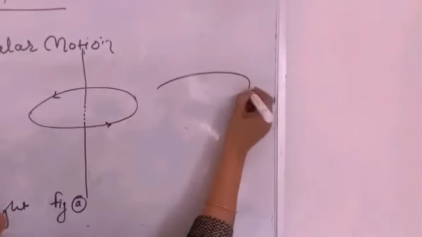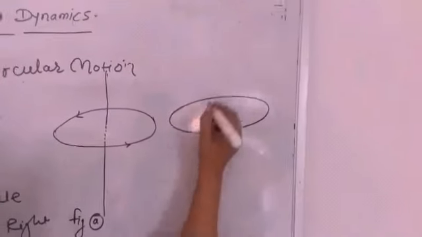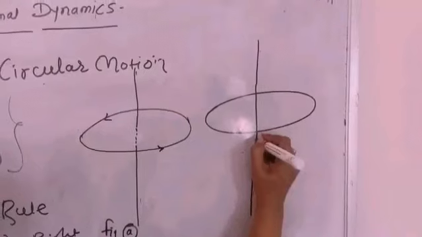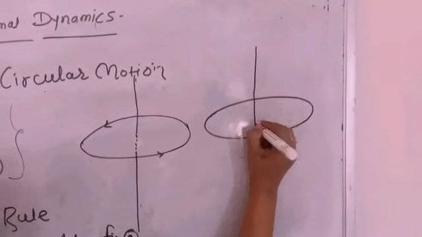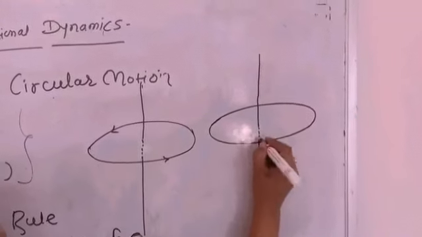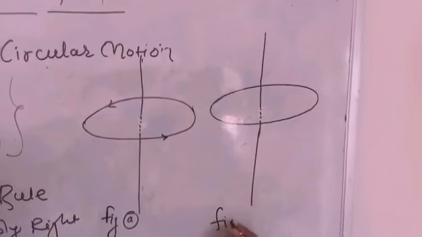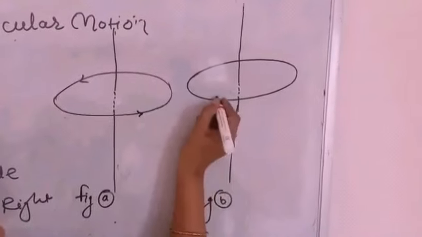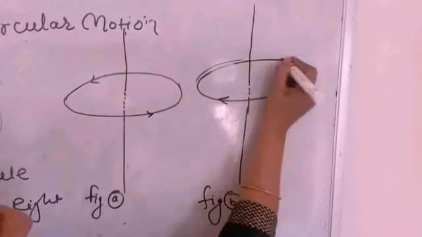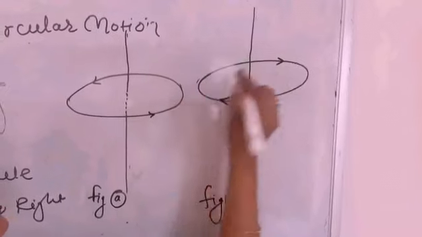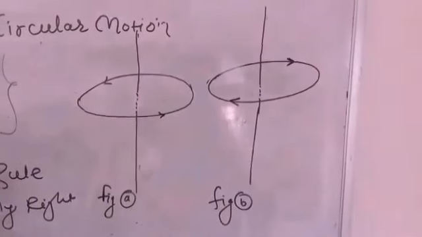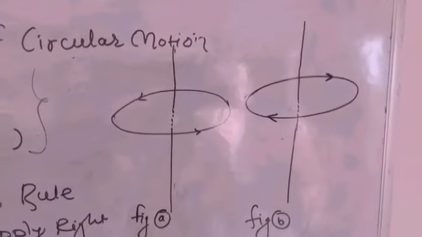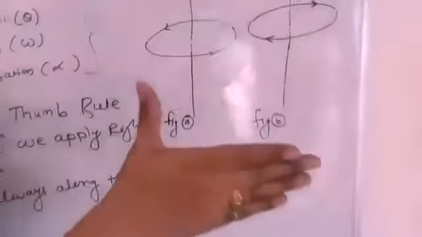Now we will draw the figure B. This is figure B. In figure B, the particle moves in clockwise sense. Now, how we apply the right hand thumb rule here? Suppose this is our right hand.